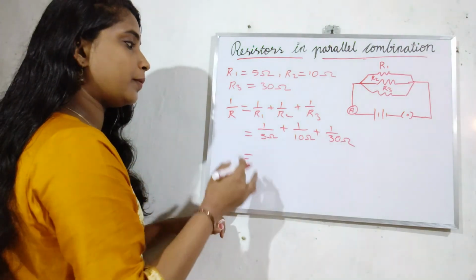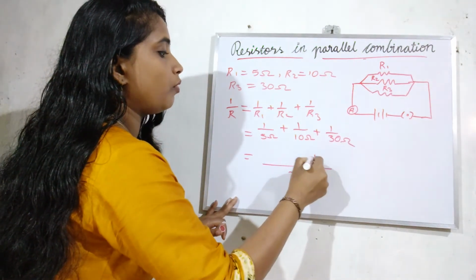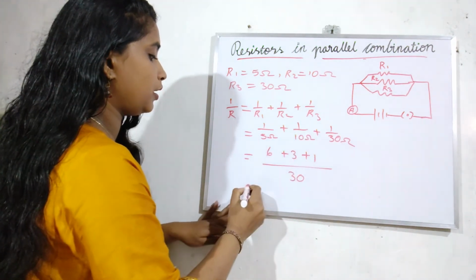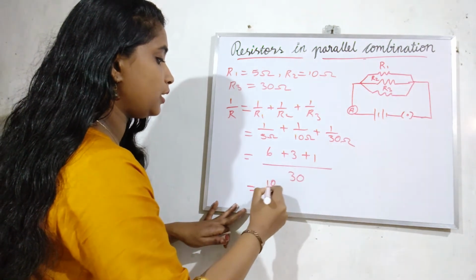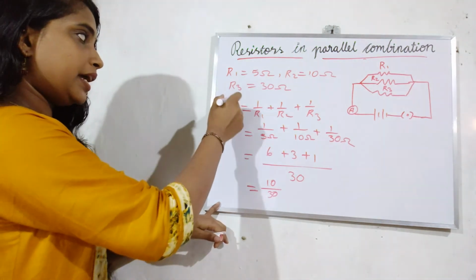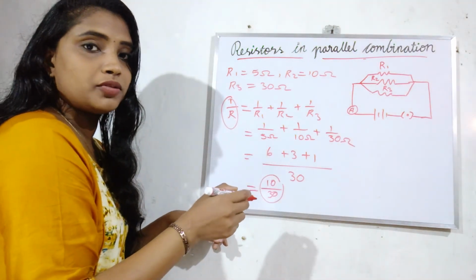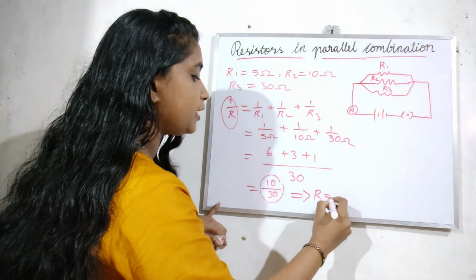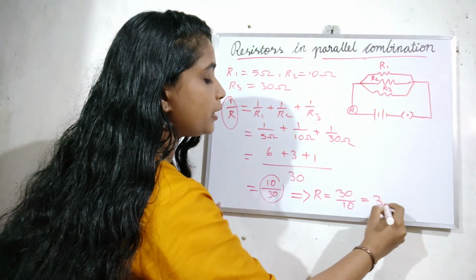We can take the common denominator 30, then 6 plus 3 plus 1, which is equal to 10 divided by 30. Now we know that 1 by R is equal to 10 by 30. So we take the reciprocal to find R. This implies that R is equal to 30 by 10, which is equal to 3 ohm.